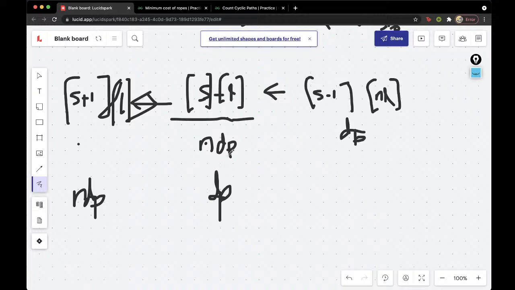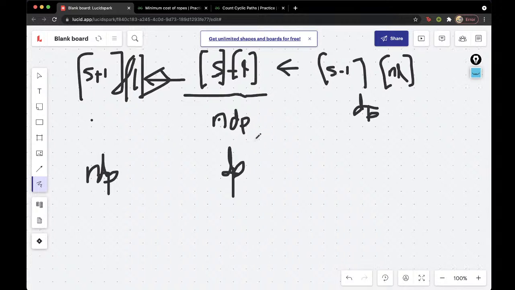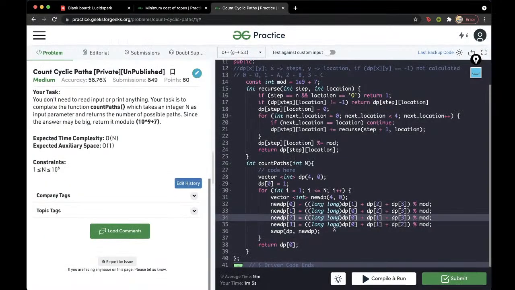So essentially what I'm doing with the swap function is making the new dp the dp, and this will be the new dp again. That's why we swap, because we just discard the state as we don't need it anymore after computing this. So that's what the swap function does.